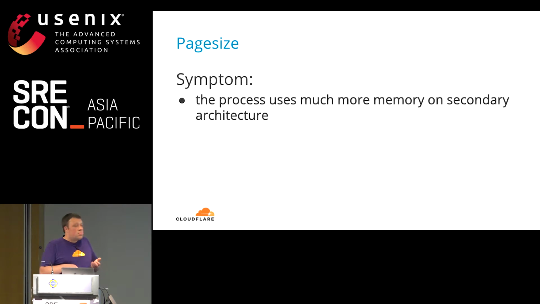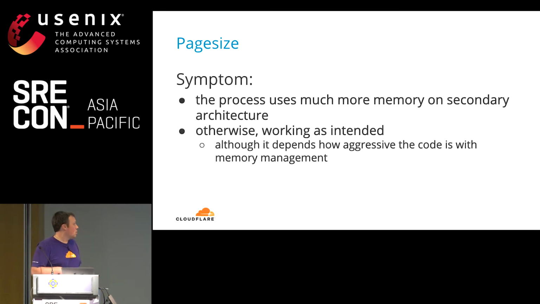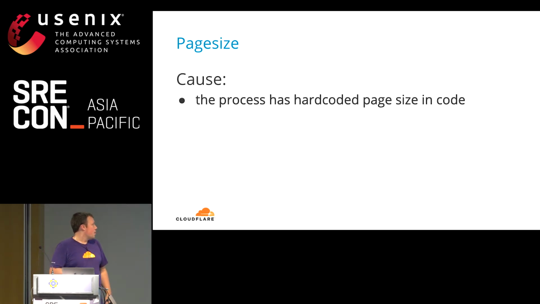So this was for us. Your mileage may vary. The process uses much more memory on the secondary architecture with the same data set. But otherwise, it works as intended. It doesn't crash. But it depends on the efficiency of the implementation of this page size-centric algorithm.